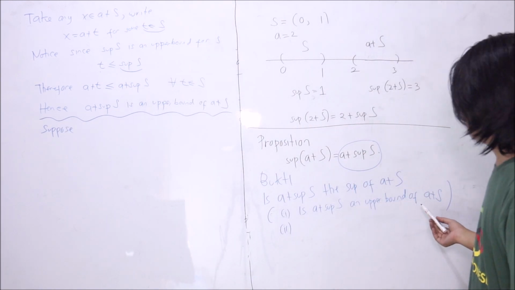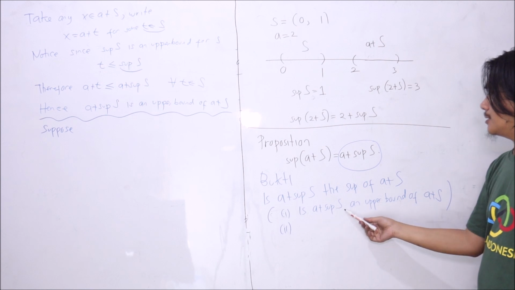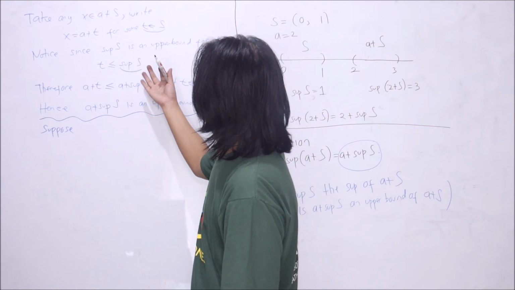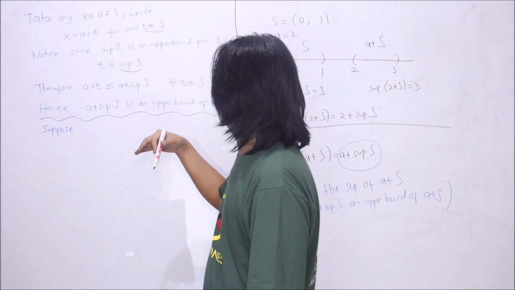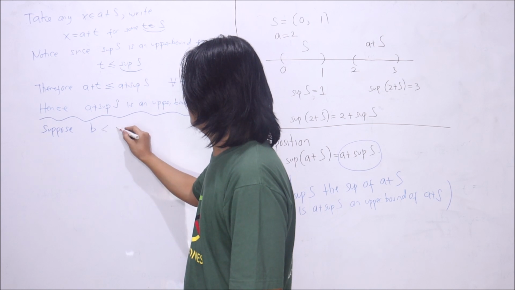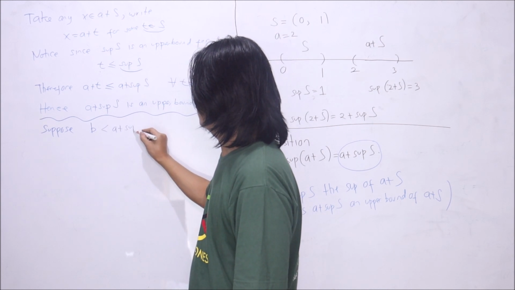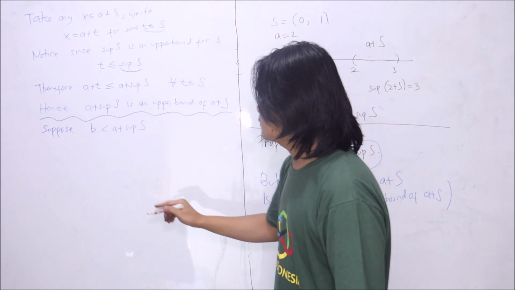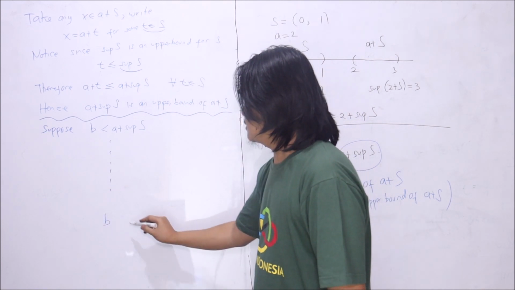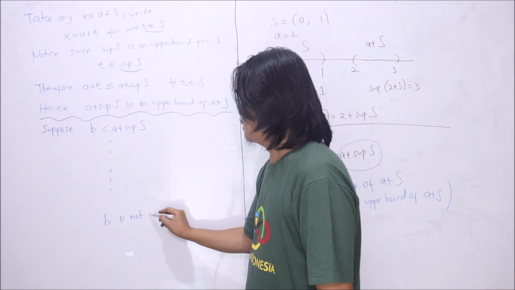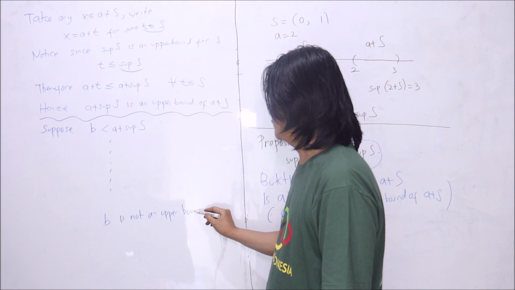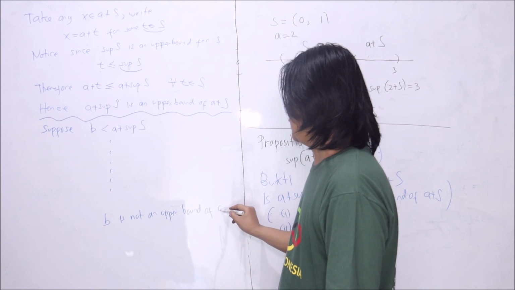We need to take any number smaller than this. Suppose, what letter have we not used yet? Suppose B is less than A plus sup S. Our objective is to show that B is not an upper bound of A plus S.